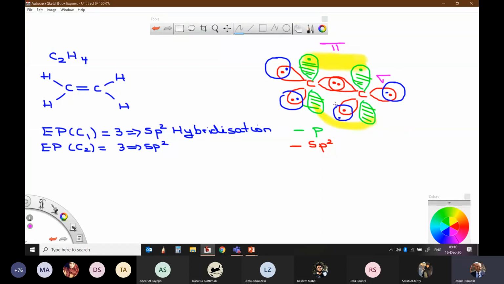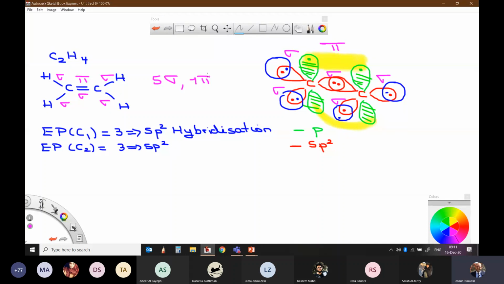This is a sigma, sigma, sigma, and sigma. And this double bond, as you observe, one of the bonds is sigma and the other bond is pi. So this is 1 sigma and 1 pi. So in total, we have 5 sigma and 1 pi bond in C2H4.